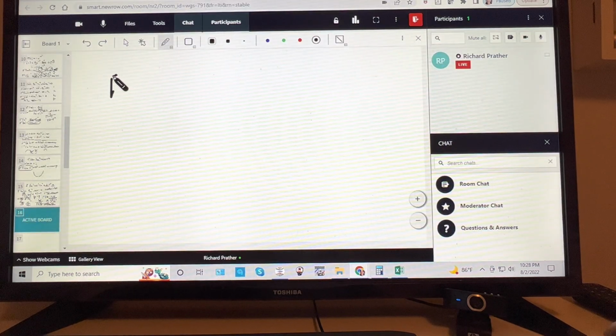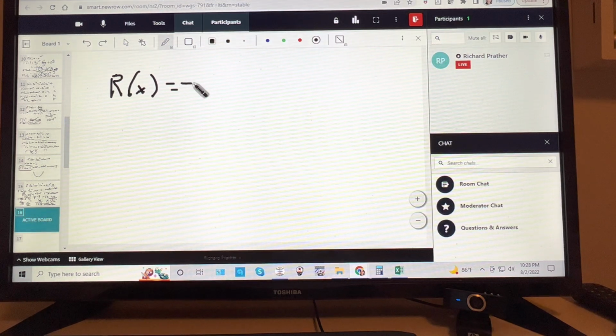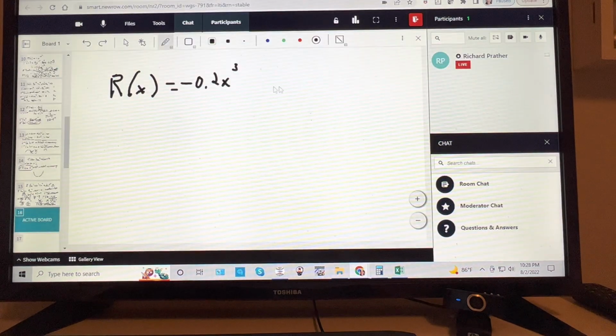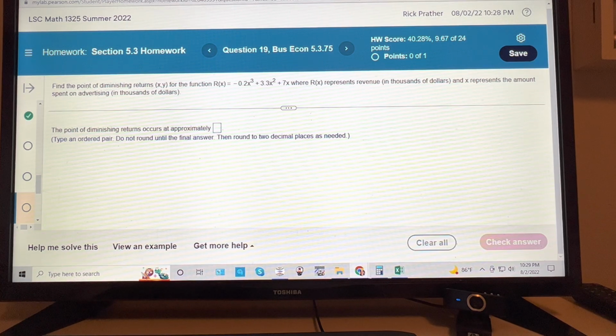So the revenue function is negative 0.2 x to the third plus 3.3 x squared and plus 7x.